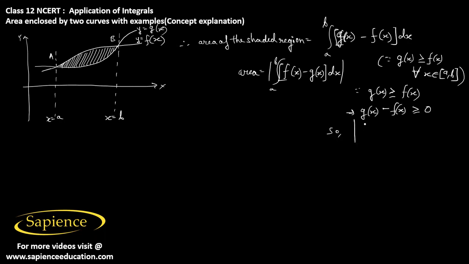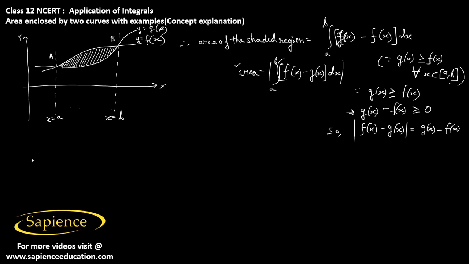So it means that the mod of f of x minus g of x can be written as g of x minus f of x. Why? For all values of x in the interval from a to b, the function g of x is more than f of x. So you should write the area in this form.